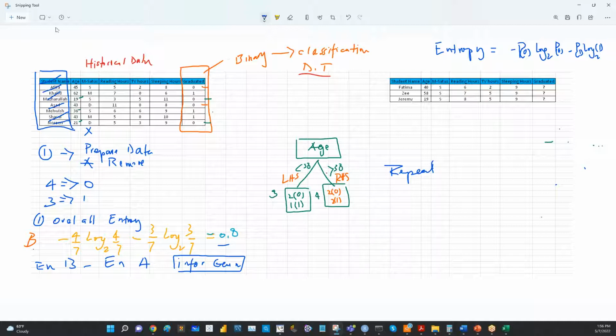So now what do we have? We got age, and we split on 38.